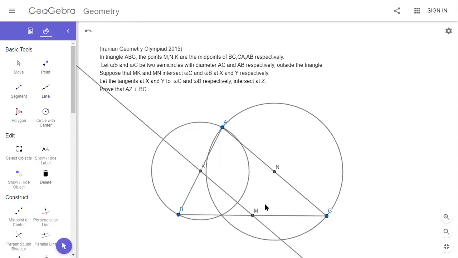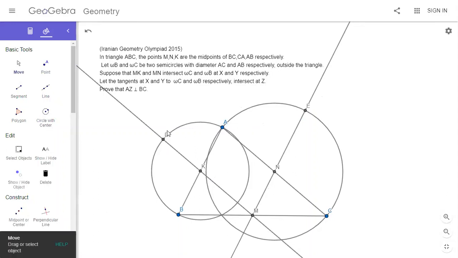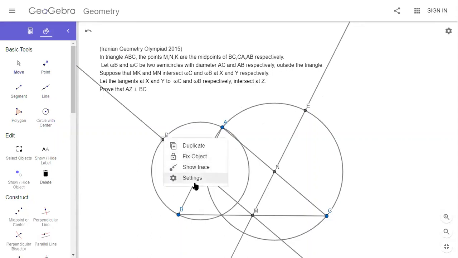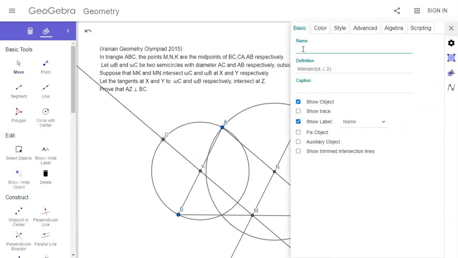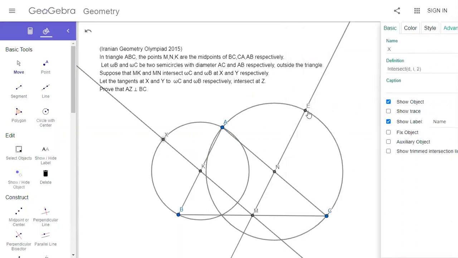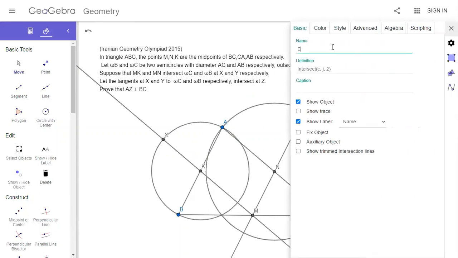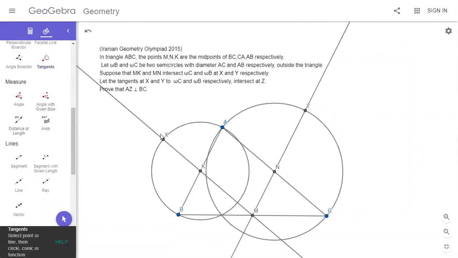I feel like, have I done this problem before on my channel? I'm not even sure. So this is X and that's Y. And then we draw the tangents at X and Y to both circles.